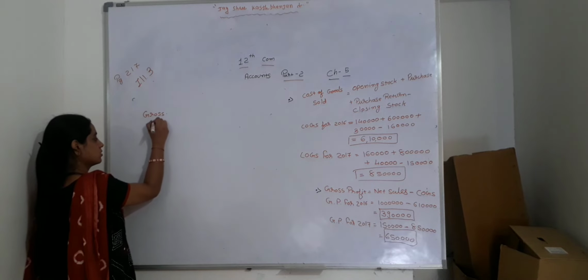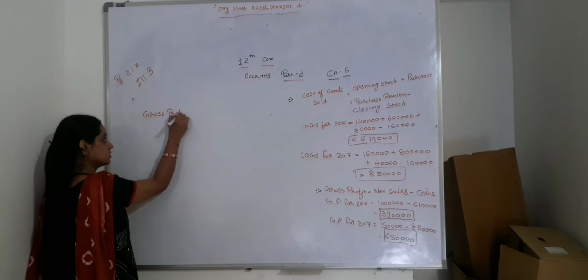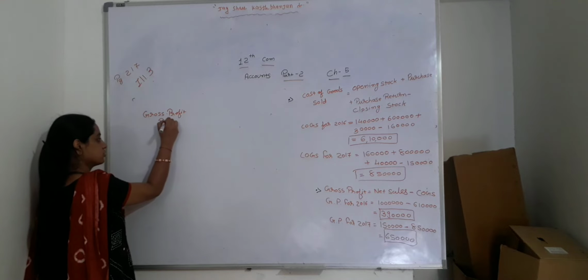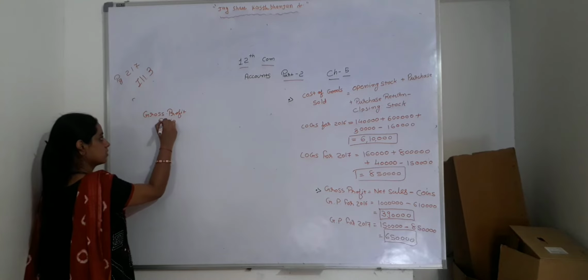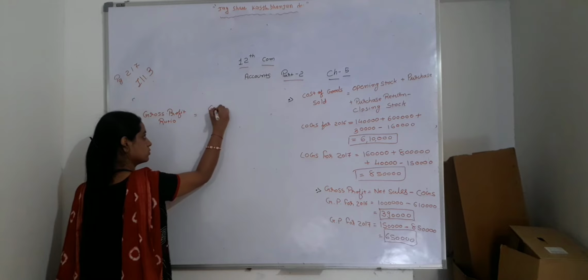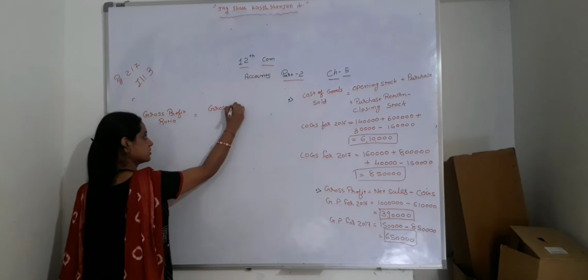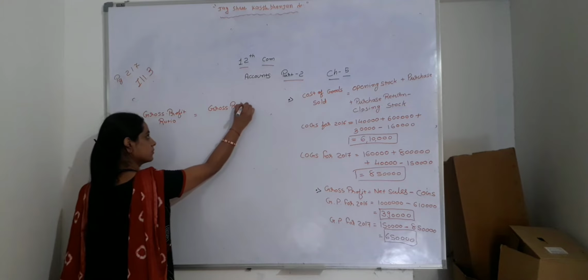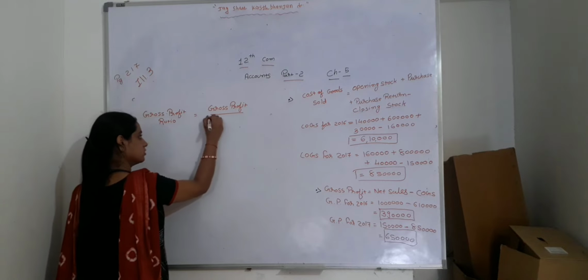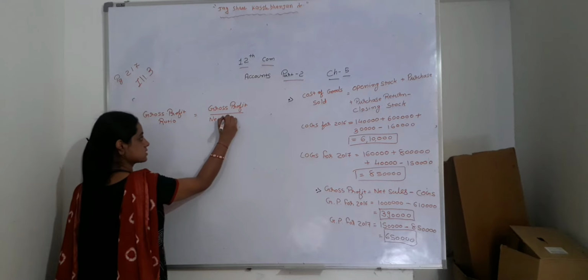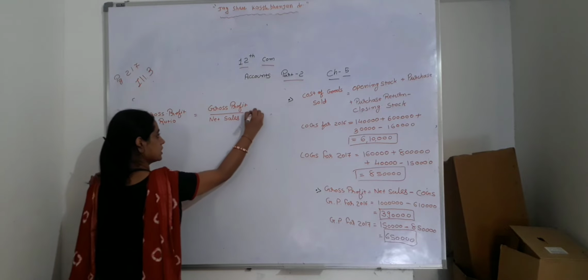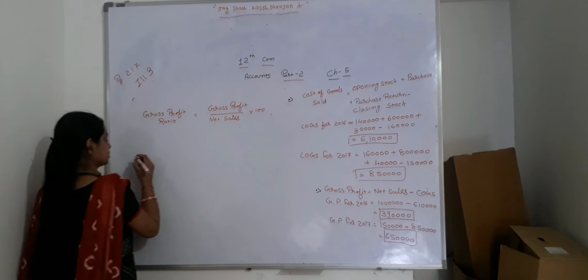Gross profit ratio is equal to gross profit upon net sales into 100.